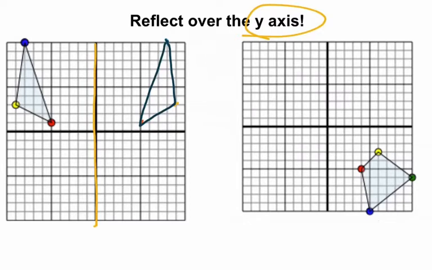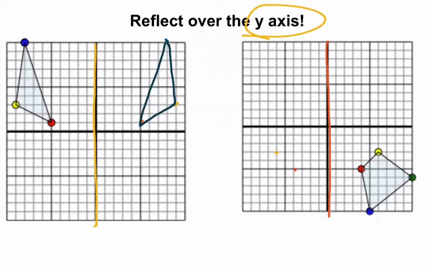So on the next one, again, we're working on the y-axis. So I'm going to draw my line down the y-axis. The red point is 1, 2, 3, 4 away. So I am going to move it 4 away. The yellow point is 6 away. So I'm going to move it 6 away on the other side. The green point is all the way across, which is 10.